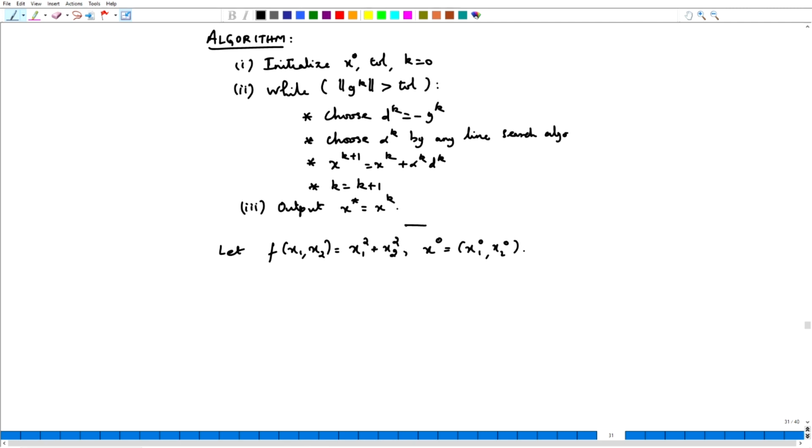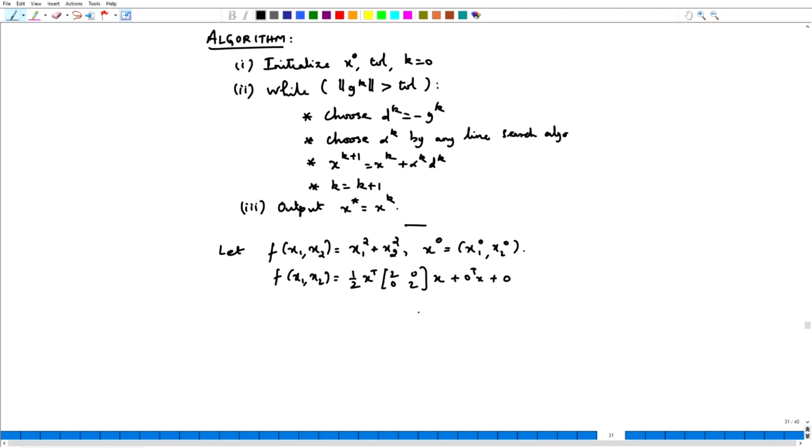So, this is a quadratic function. Why is it a quadratic function? Because I can write this as half x transpose, the matrix 2 0 0 2, times x, plus 0 transpose x plus 0.